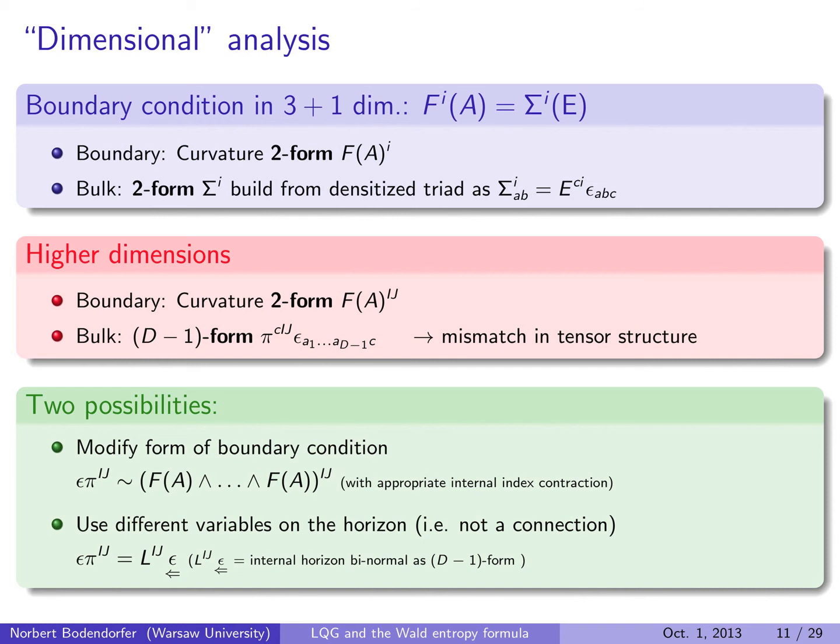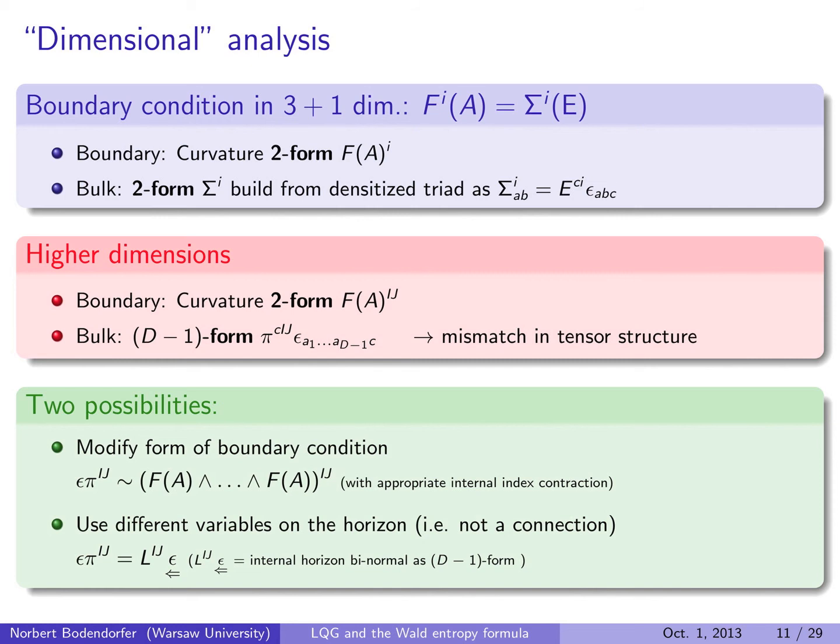However, if you go to higher dimensions, you already realize that this can't be that easy because the curvature of a connection that you want to use on the horizon is again a 2-form, which is Lie algebra valued. However, if you take the pi and construct a form from it, you get a D-1 form because you have to use this epsilon to construct the form.